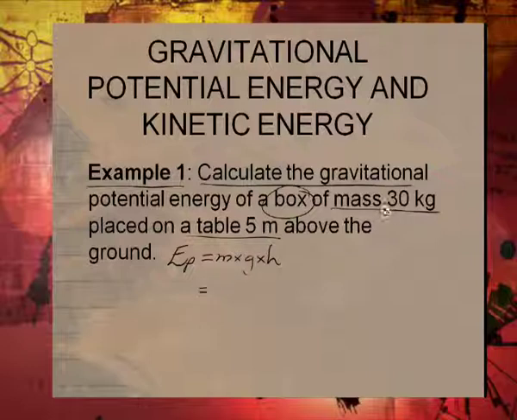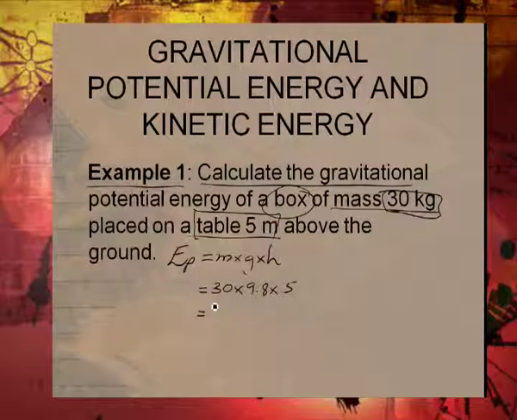That would mean the mass here is given to us as 30, so for M we have 30, times G is 9.8, it's a constant, times the height of the object above the surface of the earth, it is 5 meters above the surface, so times 5. What will that give us? We can quickly make use of our calculator here. 30 times 9.8 times 5.